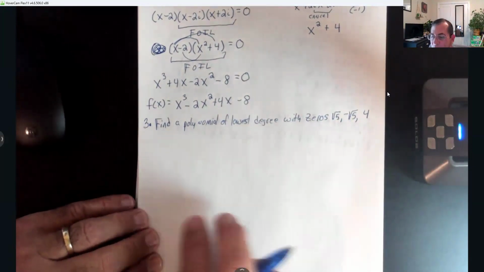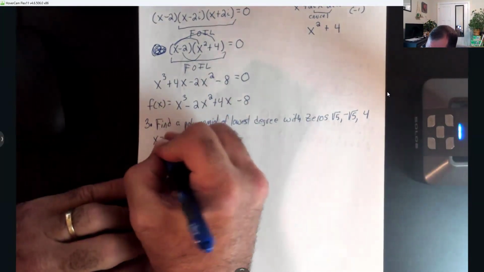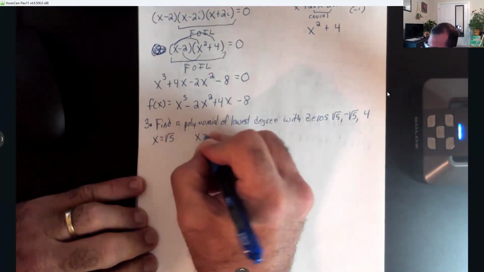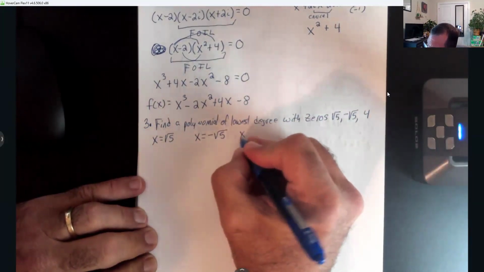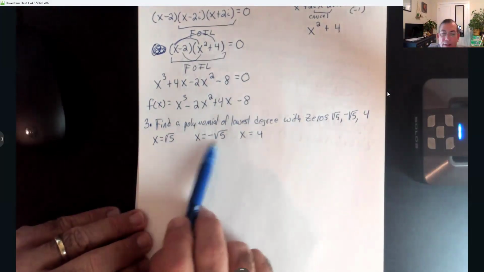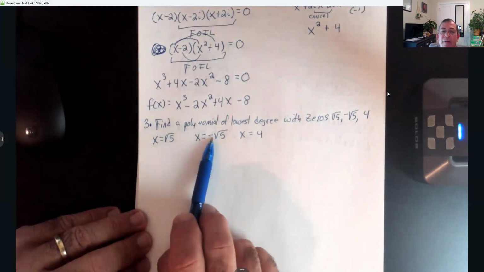So we'll knock this one out and then we'll do our break. So we know that x equals square root of 5. x equals a negative square root of 5. And then x equals positive 4. Remember, the way you get these kind of zeros was doing the square root stuff, right? The plus or minus stuff.